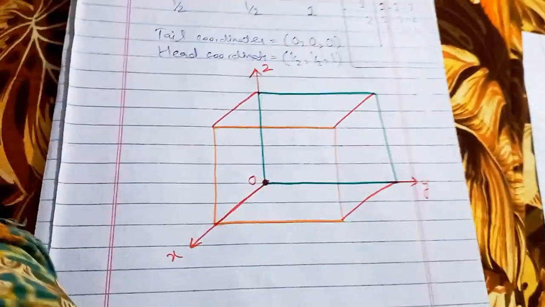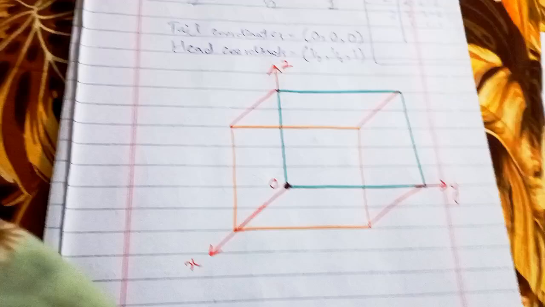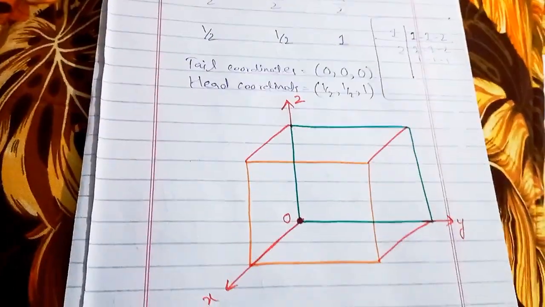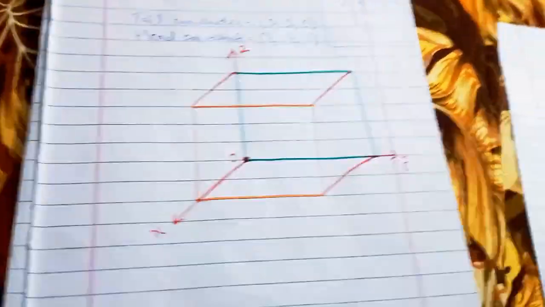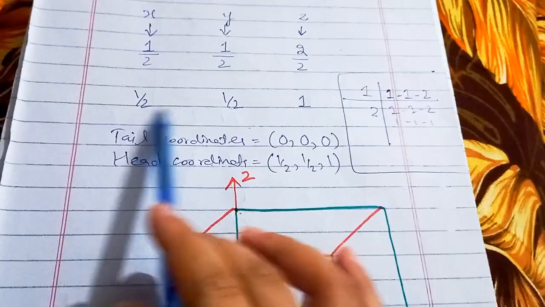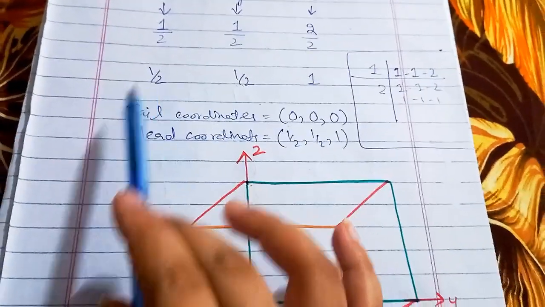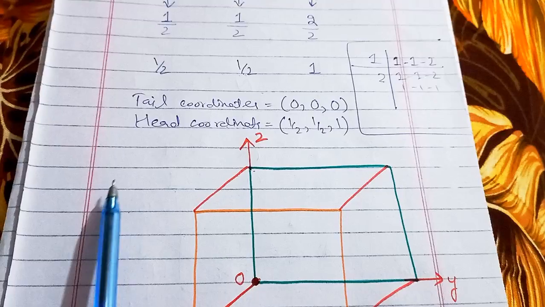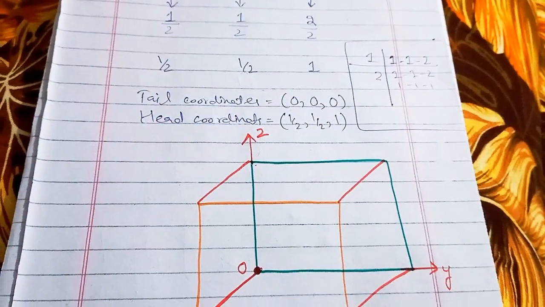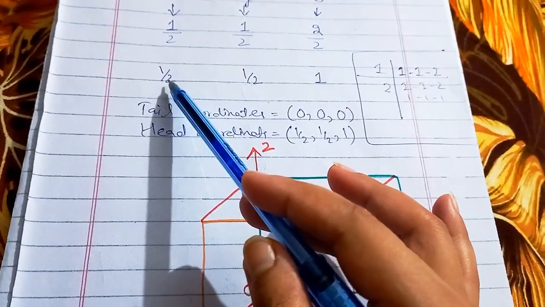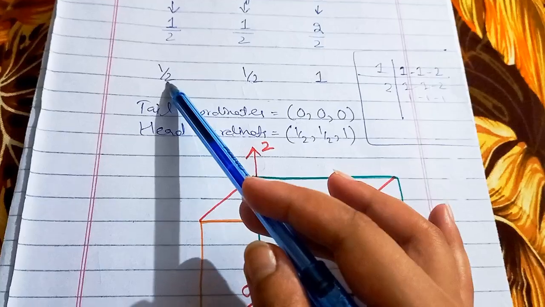Now let's see where the head of the vector is, and for that purpose we'll use this map. It tells us what motions to do along which directions to reach the head point. Okay, so first, starting from origin, we'll move 1/2 unit along x direction.